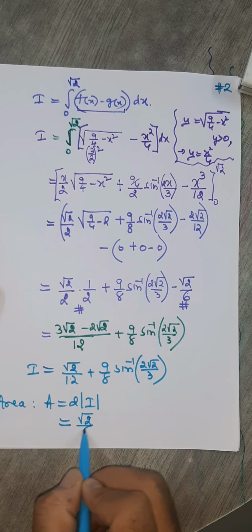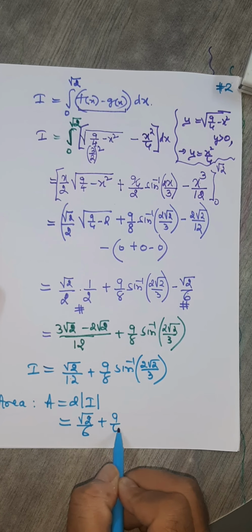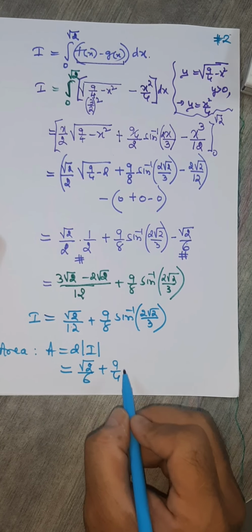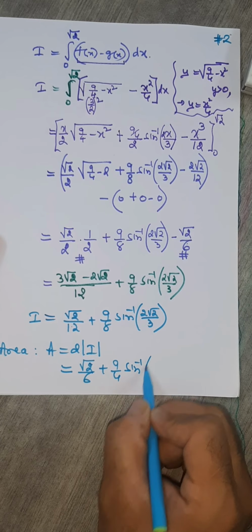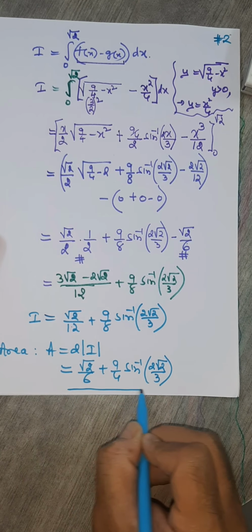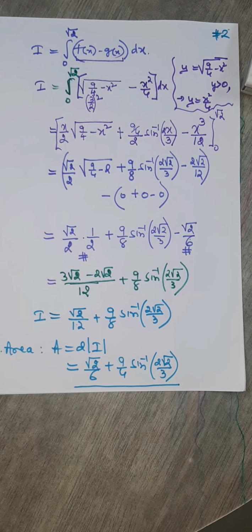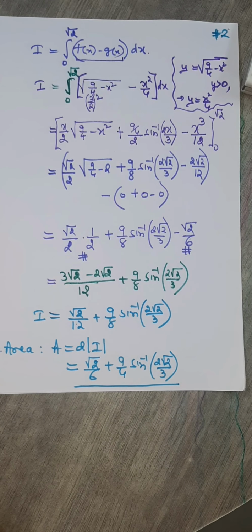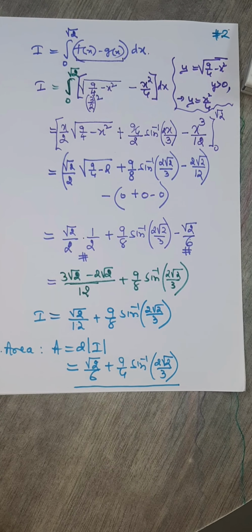So root 2 by 6 plus 9/4 sine inverse 2 root 2 by 3. That's the required integral here. You need to keep the answer in the form of sine inverse only, remember. Root 2 by 6 plus 9/4 sine inverse 2 root 2 by 3.